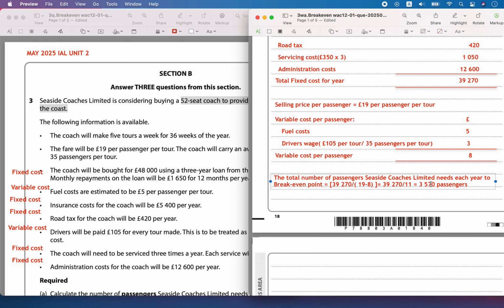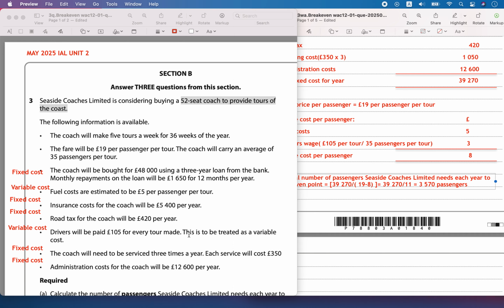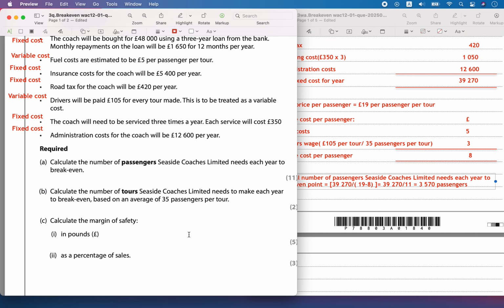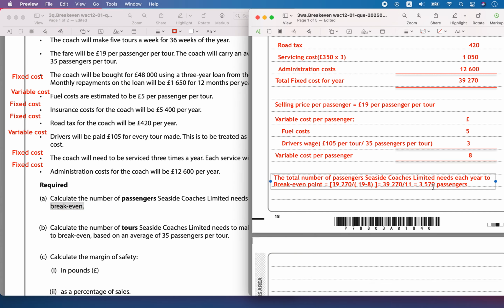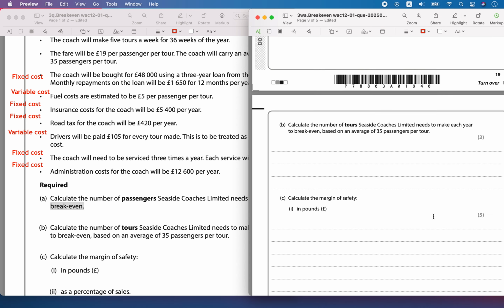They need to carry at least 3570 passengers to break even and operate as a business. Beyond the break-even point, if they carry more than 3570 passengers, they will be making a profit. If they carry fewer than 3570 passengers, they will be making a loss.